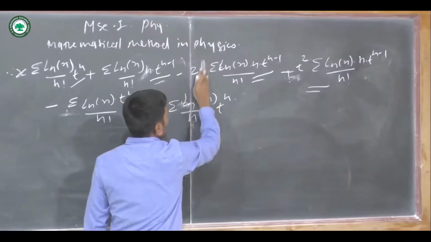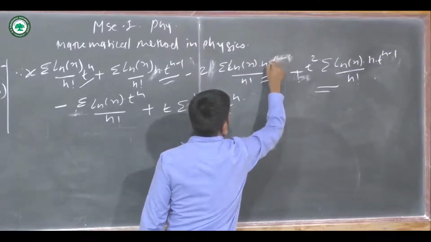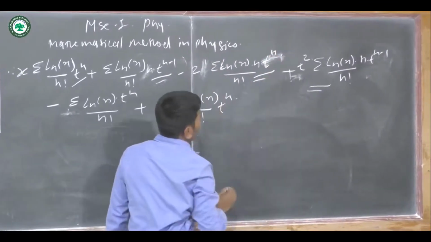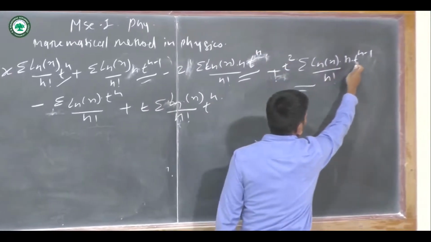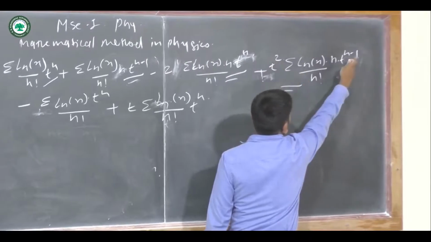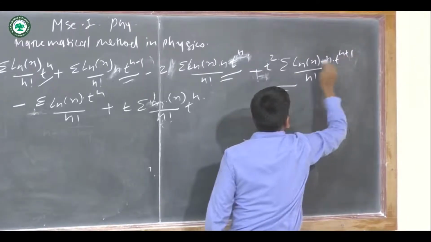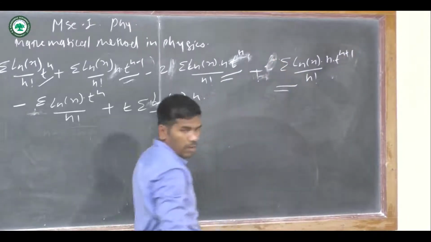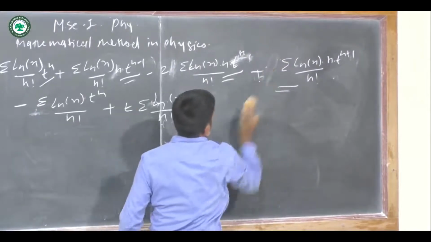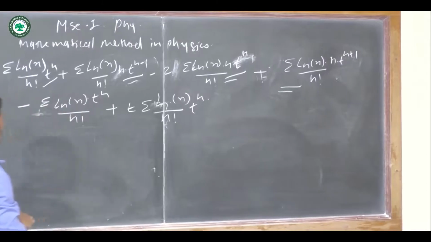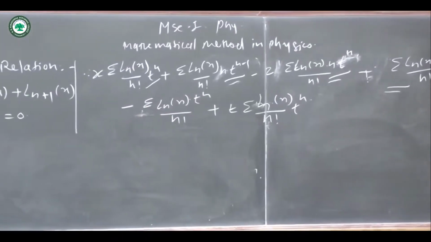So here you have t power n, and here t power 2 into n into t power n minus 1, so plus 1 and minus 1, so here is a plus 1. Now we have t power n.